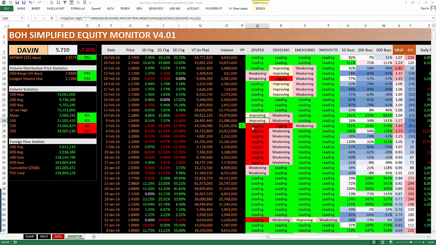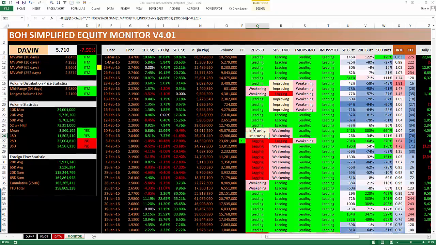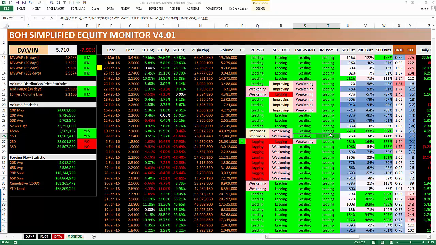Makikita mo yun kagad. Kasi nakikita mo na maintain naman niya yung long-term momentum niya. Pero, yung short-term momentum, negative momentum niya, nag-turn na, nag-improve na yung short-term momentum niya. Hanggang makita mo na nag-green na yung apat na set ng multi-duration return natin.